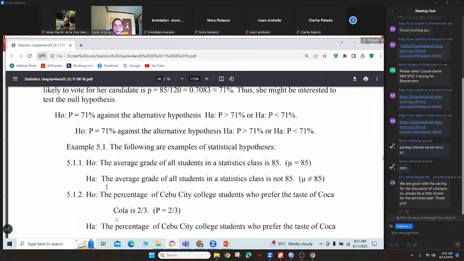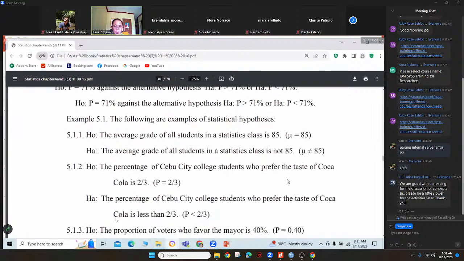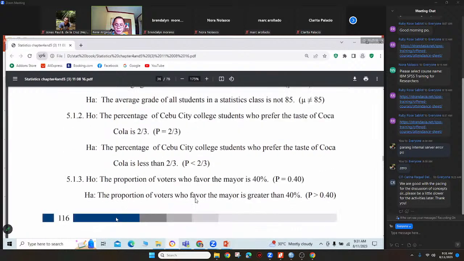The alternative: the average grade of all students in statistics is not 85. This is the alternative, specifically non-directional. And then the percentage of Cebu City College students who prefer the taste of Coca-Cola is 2/3. Percentage is proportion, so equals 2/3, and then the alternative is less than 2/3.